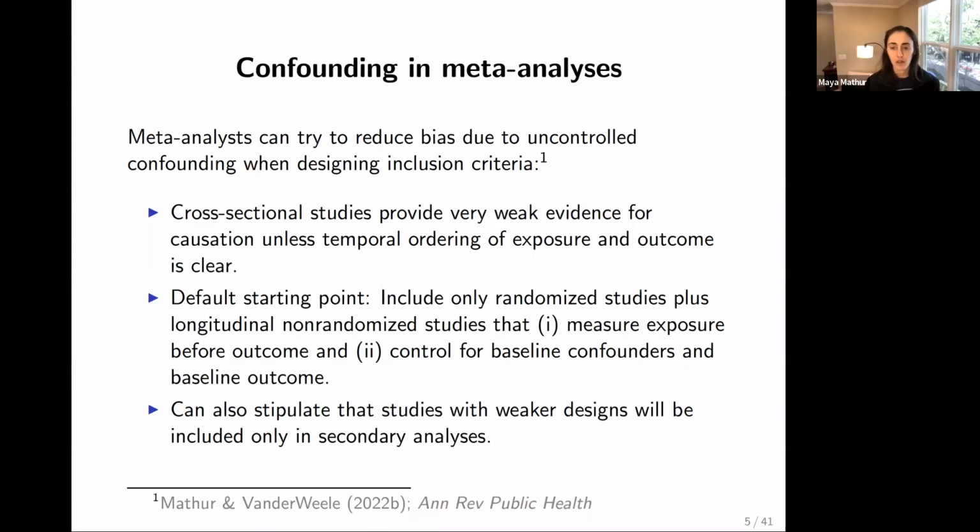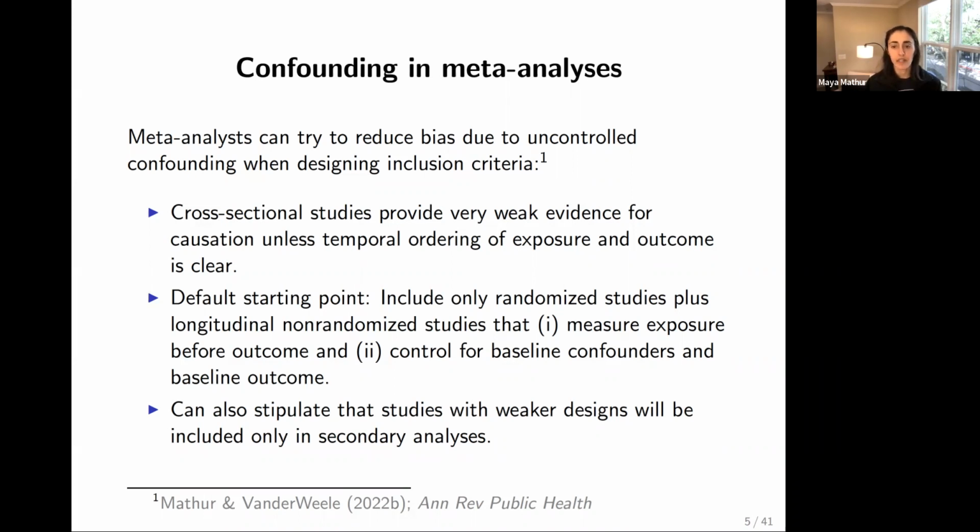Or if the outcome is mortality, then that is the last thing that happens to someone. And so that is sort of the temporally last thing. But barring these kinds of specific settings, generally cross-sectional studies provide such little evidence for causation that it's probably a good idea to just exclude them in the inclusion criteria for meta-analyses of causal questions.